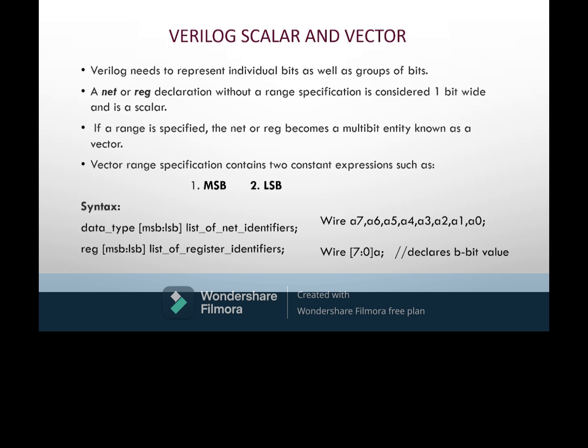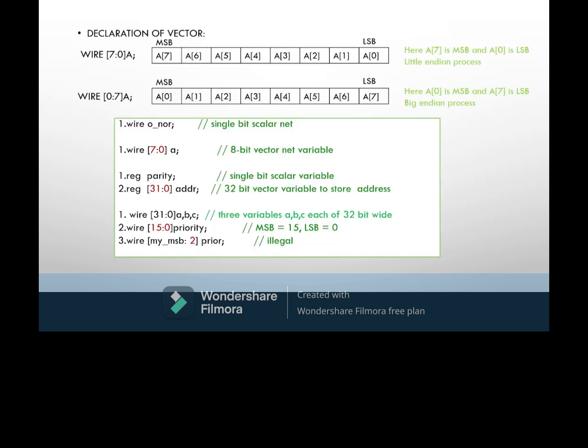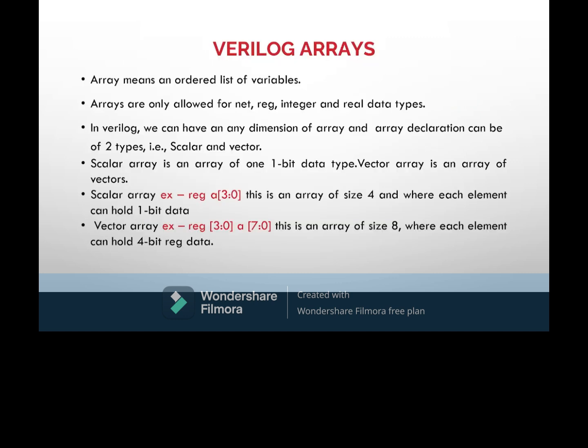So in order to increase the magnitude of that scalar, you will be using the vector representation. In a vector you will have specifications like MSB and LSB, which is nothing but most significant bit and least significant bit. These you can also see in the long length videos.